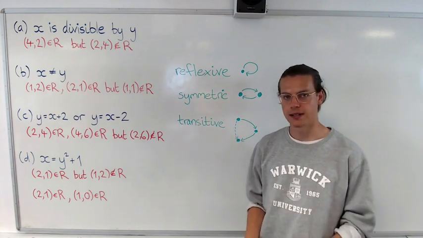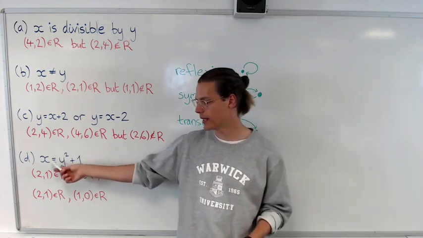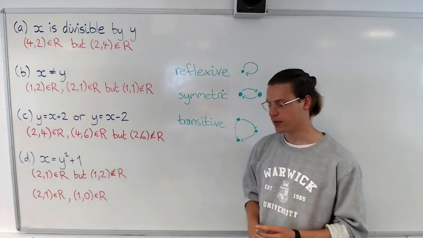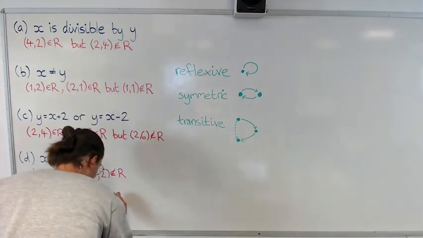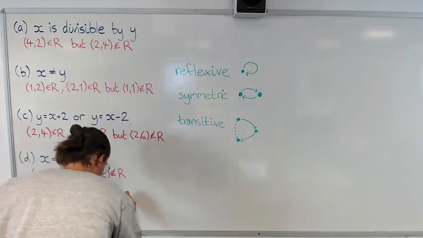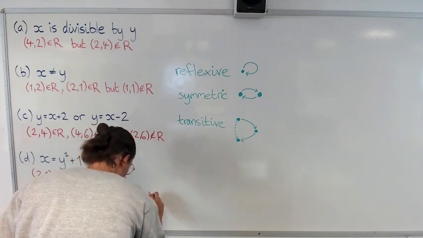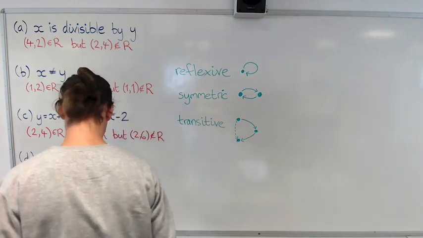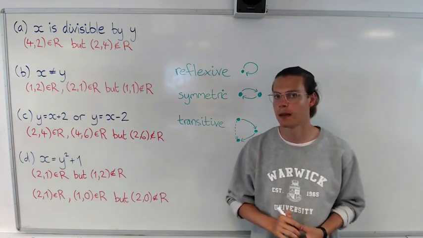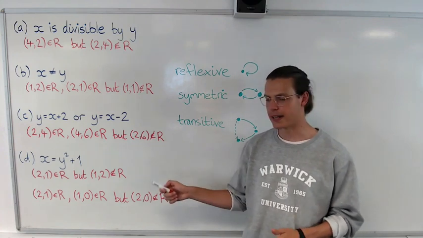But that is not the case. 0 squared plus 1 is 1, which is not equal to 2. So 2 is not related to 0. And so this relation is not transitive.